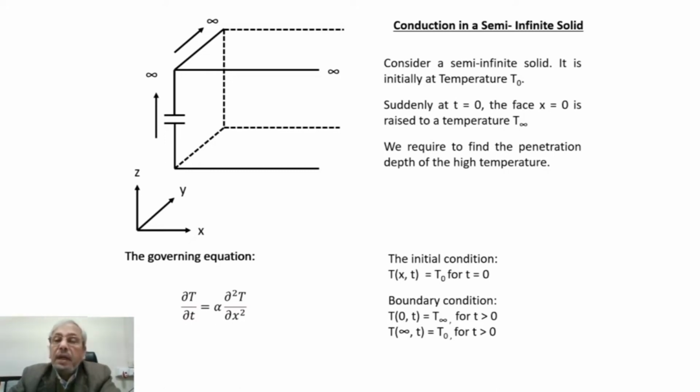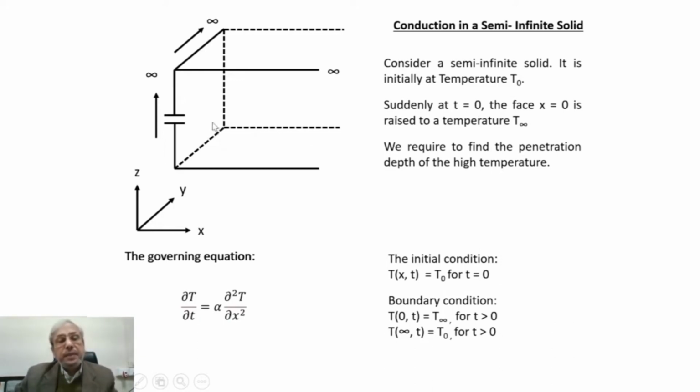Now suddenly at t equal to 0, at phase x equal to 0, we raise the temperature to T infinity. Otherwise, this semi-infinite solid was initially at a temperature T naught. So everywhere temperature was T0 at that time instant.